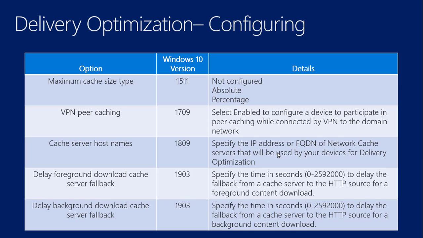I'm not going to use that because it doesn't make sense in this scenario. When we get to the Config Manager side, probably, but that's where that is. And then here are the other two, download delays for foreground and background downloads, that you might want to configure.